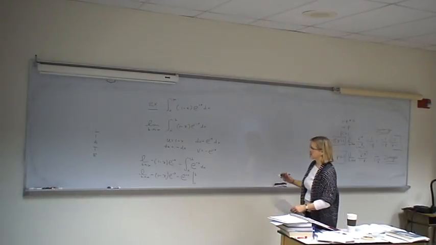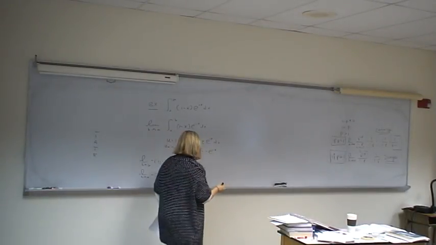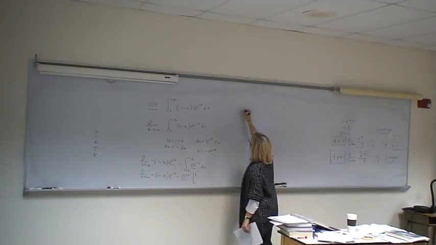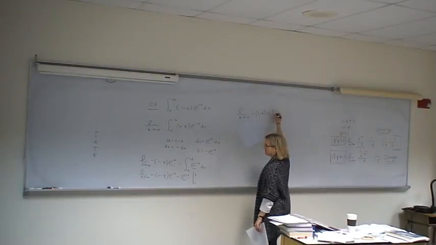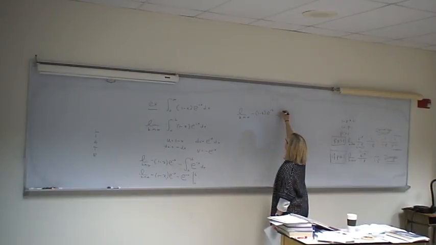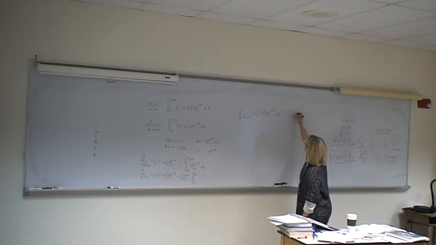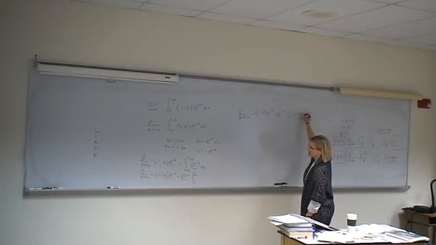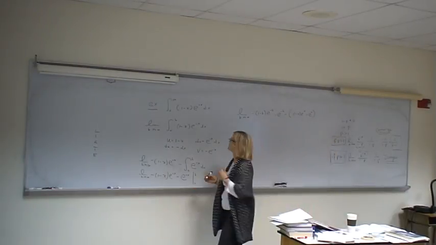All right, so let's put b in. Everywhere we see an x, we put a b. So we have the limit as b goes to infinity of negative (1 minus b) e to the negative b, minus e to the negative b, minus the expression with 0 plugged in: negative (1 minus 0) e to the 0, minus e to the 0. Let's see what happens.